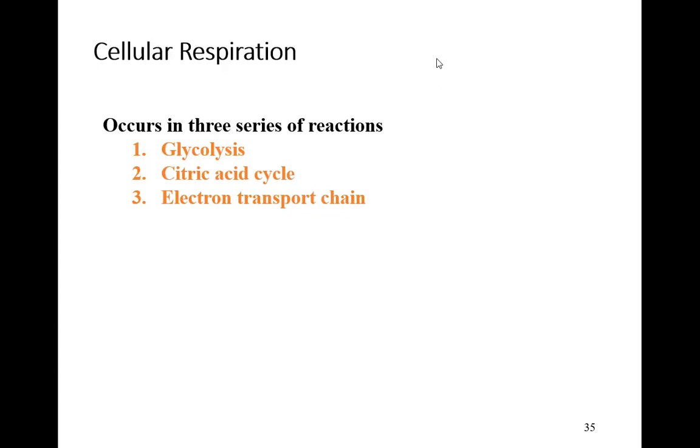And I know it says citric acid, but this is really known as the Krebs cycle. Okay. Glycolysis, Krebs cycle, and electron transport. Those are the 3 stages of cellular respiration.